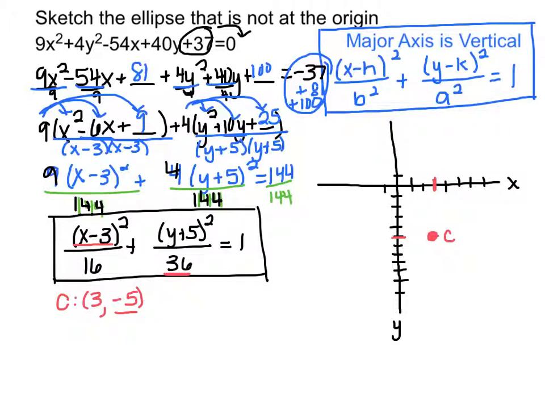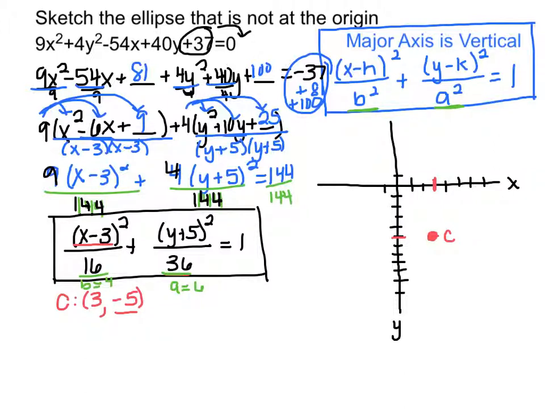So in this equation, this is my major, which is a squared. Well, to find a, I take the square root. So the square root is 6. If this is b squared, then I know b is the square root, which is 4.